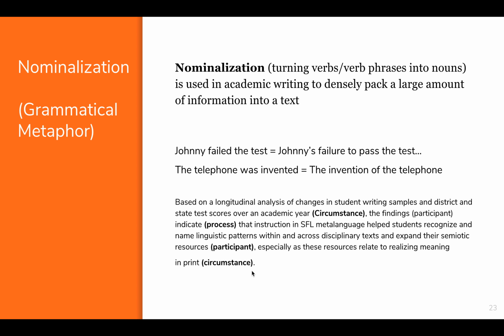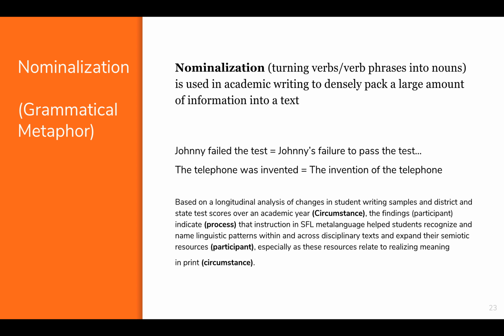The very last thing I wanted to get into today was the process of nominalization or grammatical metaphor. Nominalization is this process of turning verbs and verb phrases into nouns, and it's often used in academic writing to densely pack a large amount of information into a text.